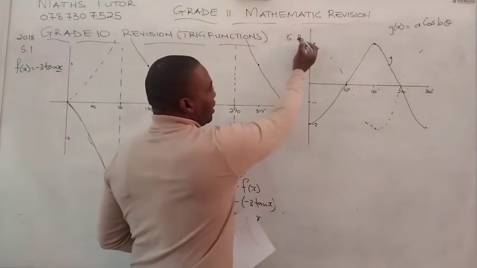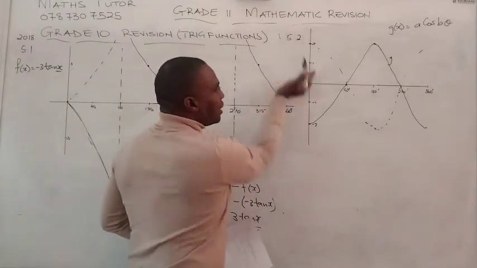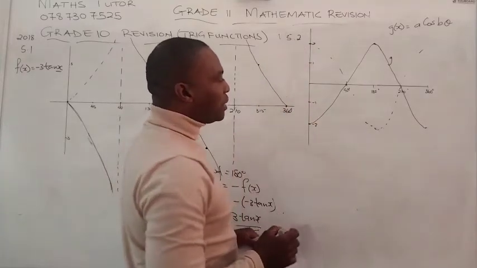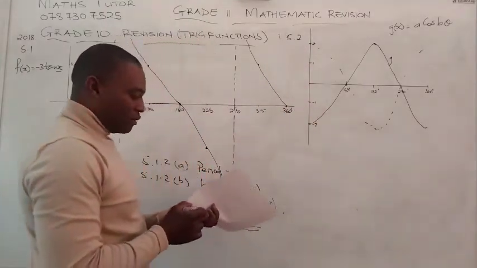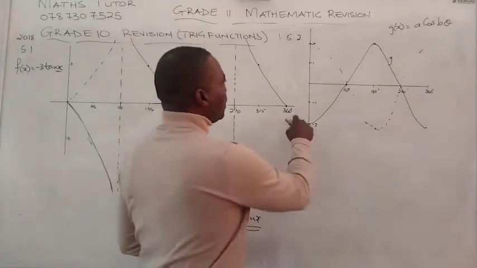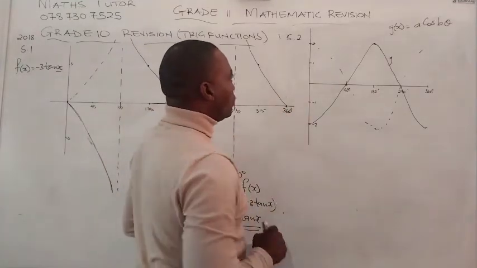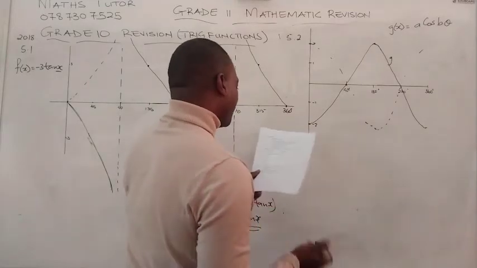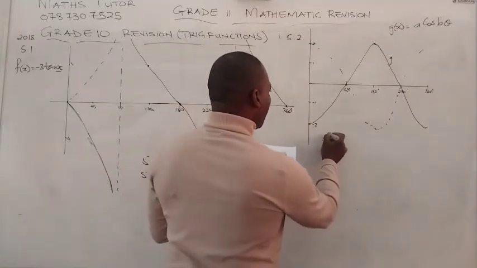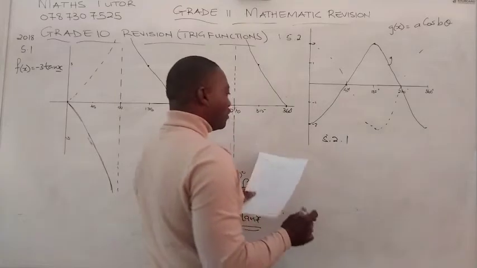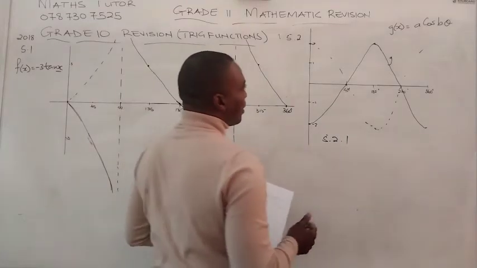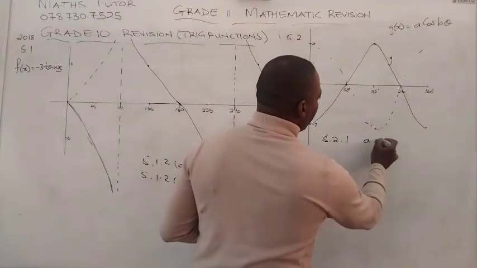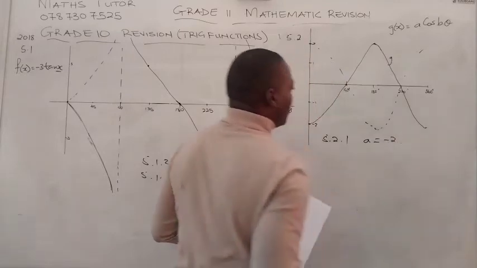But then, by mere looking, we can see that it has been reflected. That means our A is negative. And also, the amplitude has gone up to 2. That means our A basically is answering 5.2.1, the values of A and B. A is equal to negative 2.